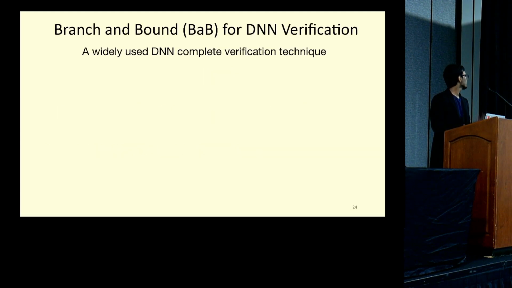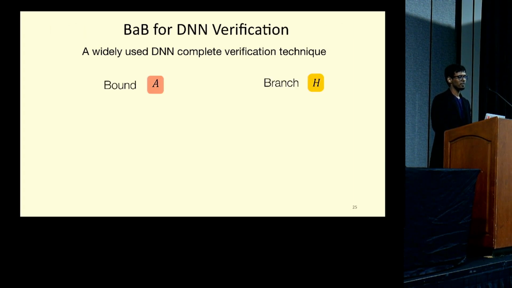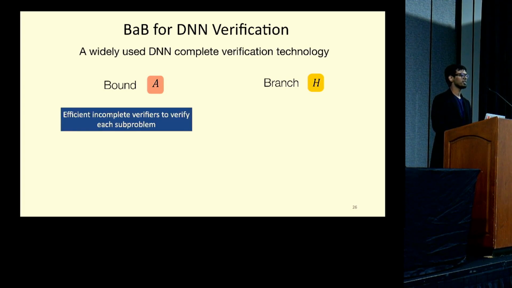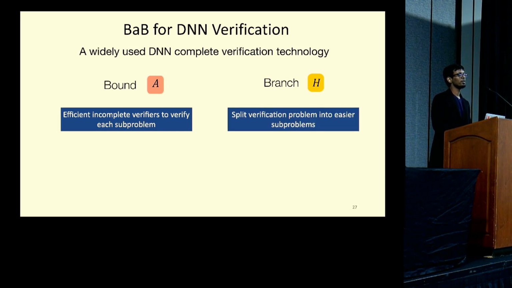Now I'll talk a little about branch and bound, which is the most commonly used DNN complete verification technique. It involves two steps: bounding, where we use an efficient incomplete verifier to verify these partition problems, and branching, where we split the verification problem into easier subproblems.